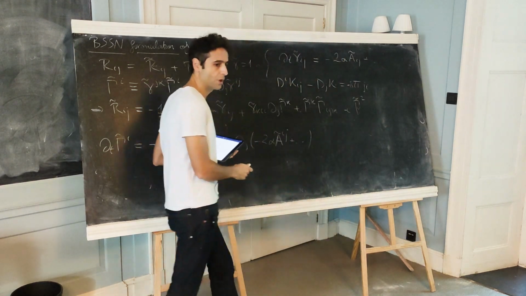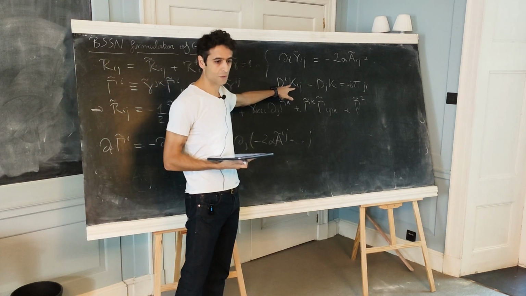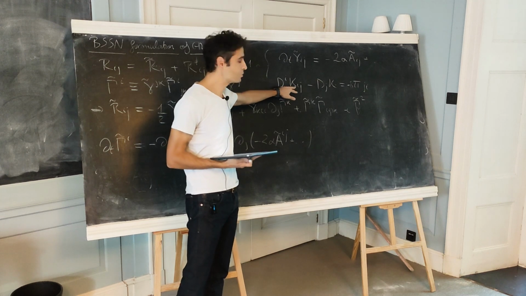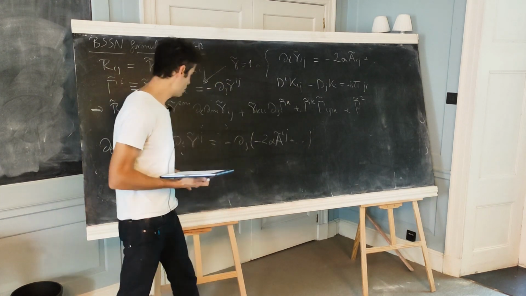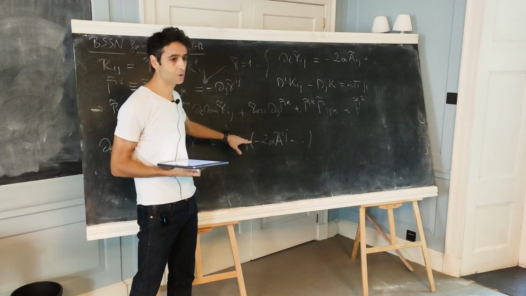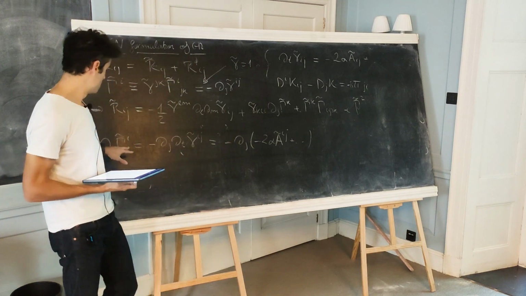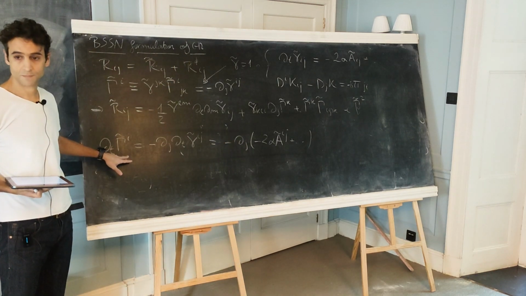Okay, that's the momentum constraint. If you now do the conformal rescaling, then the momentum constraint tells you what this derivative is. So now you use the momentum constraint to calculate the right-hand side of the equation for gamma tilde.